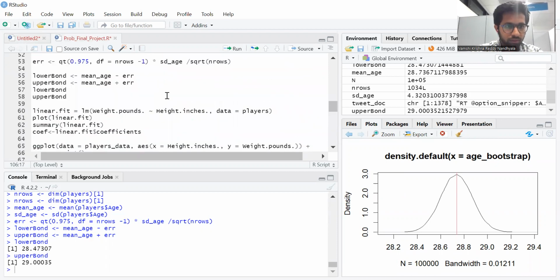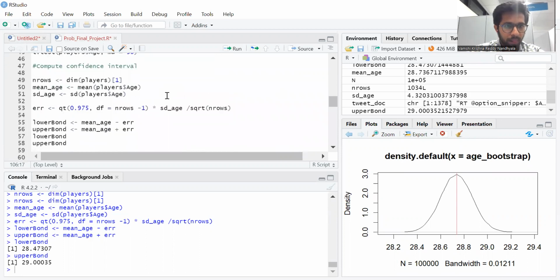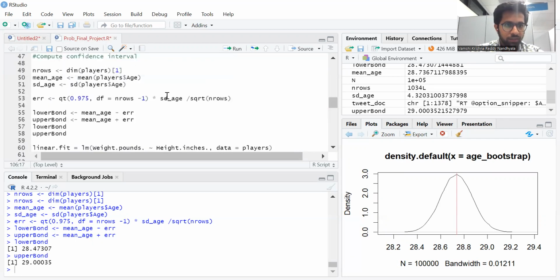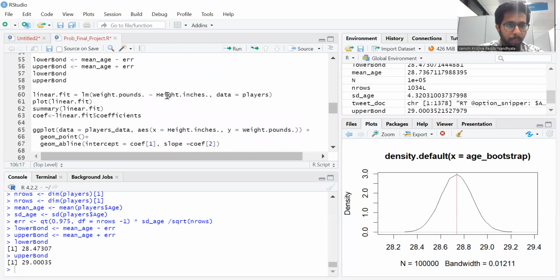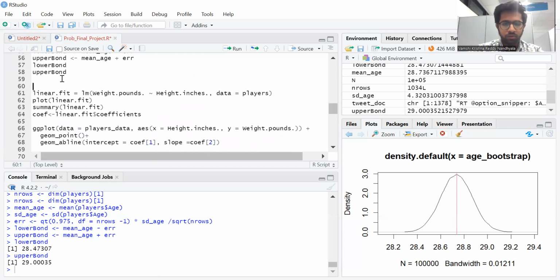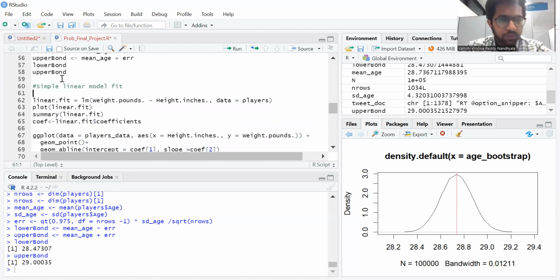After finding this confidence interval, I'm going to do a simple linear model fit. I'm fitting between the weight pounds column and the height inches column, because of the correlation.